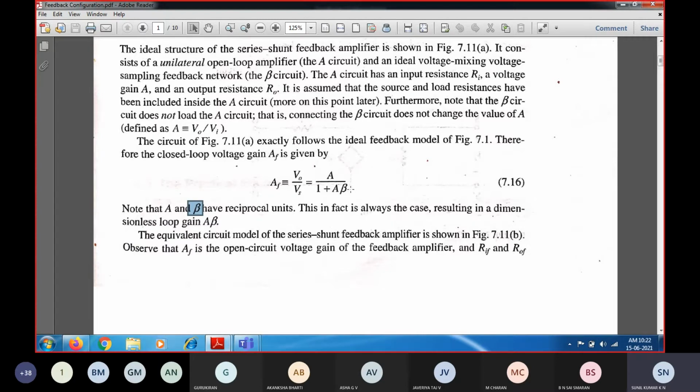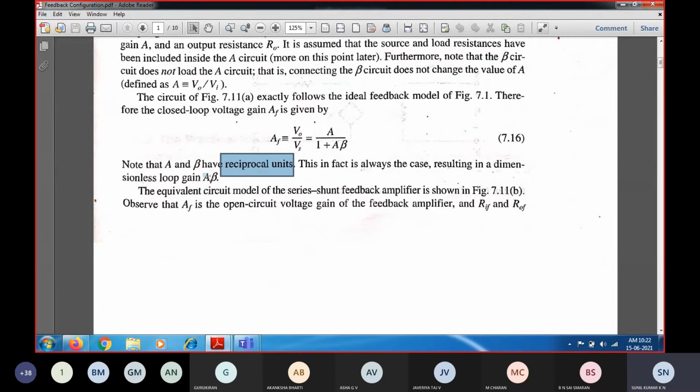So for a loop gain to be equal to 1, we consider that A and beta have reciprocal units. Thus, the loop gain A into beta is dimensionless.